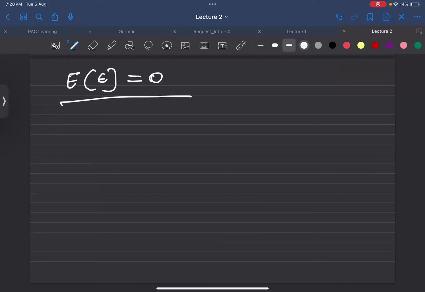Suppose, I'll take an example: 50 plus 5x.